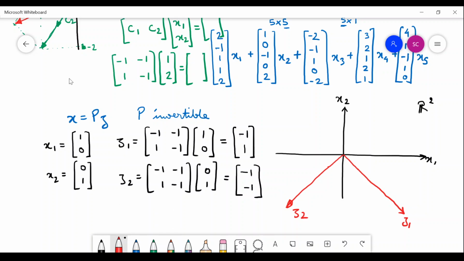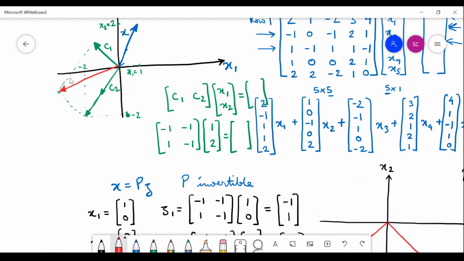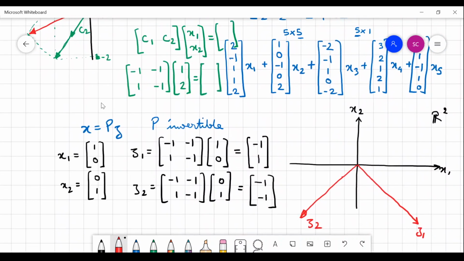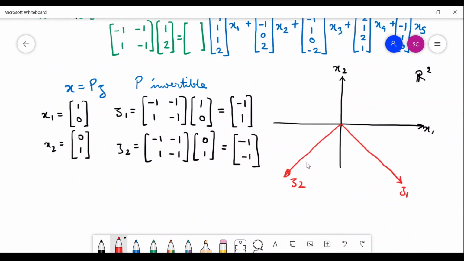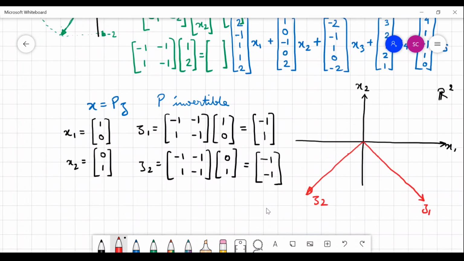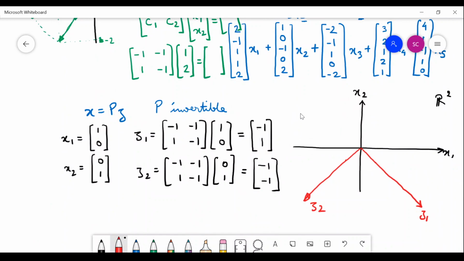So in terms of this z1 and z2, what we had obtained here is this vector z, which is the transformation of this x. So this z can be expressed in terms of z1 and z2. Would you agree or not?